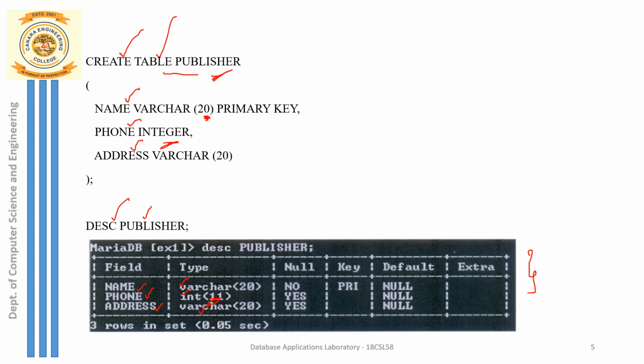Since I have taken integer here, the default value will be taken for the phone number attribute. So 11 bytes is allocated for the phone number. The next one is address, whose data type is varchar, and the size is 20, as I mentioned during table creation.